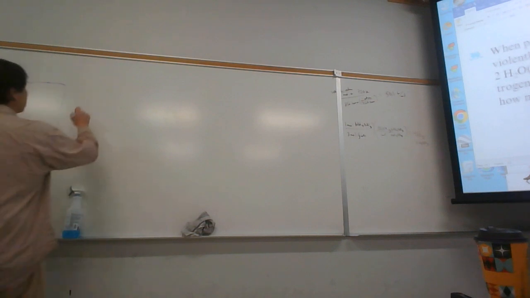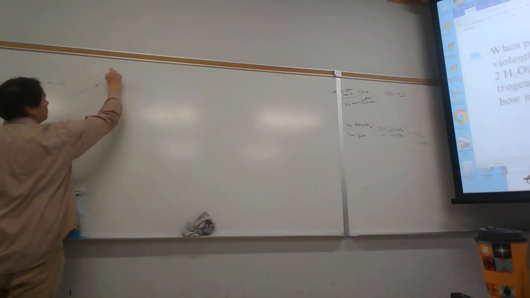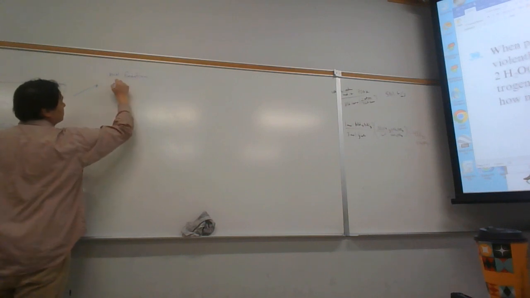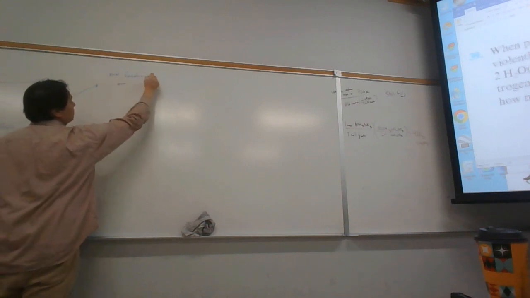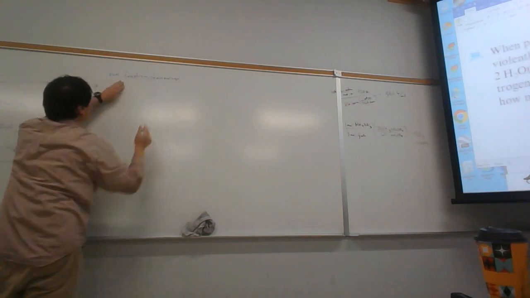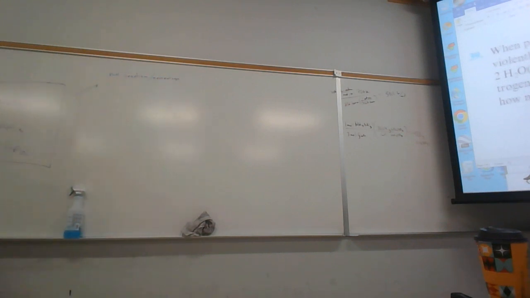And this is always true. So when we have a mixture like this, it's always going to form in a 1 to 2 mole ratio. So for every nitrous oxide, we get 2 waters. And it can't be anything else because all the water comes from the decomposition of nitrous oxide.